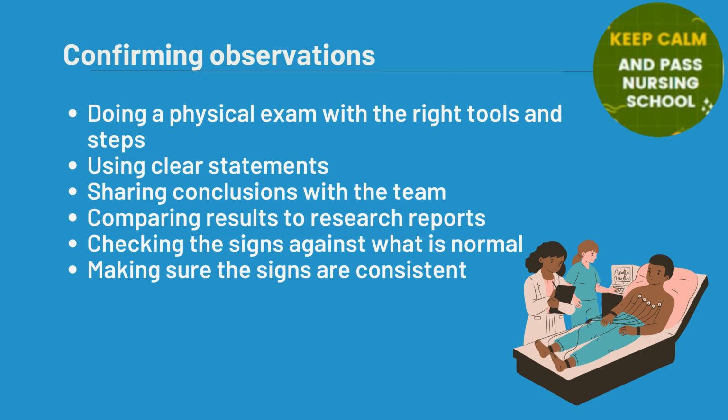To validate inferences, nurses can use physical exams, clarifying statements, they can consult with other team members, they can review research, they can also compare with normal functioning or check consistency of those cues that they've collected. Validation can happen during data collection or even afterwards, and once confirmed, the nurse needs to move on to analyze the data and develop a nursing diagnosis, which is a later step in the nursing process.